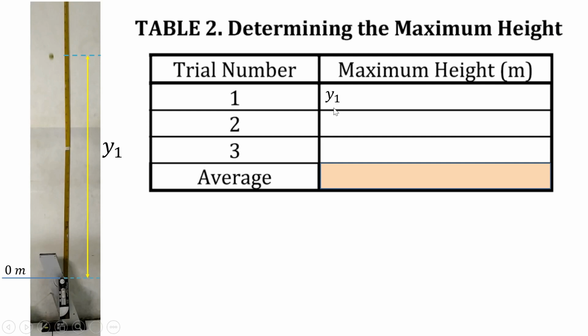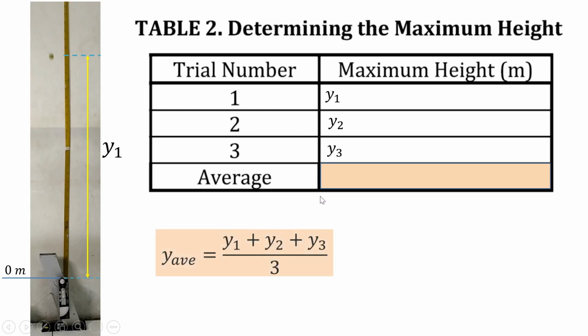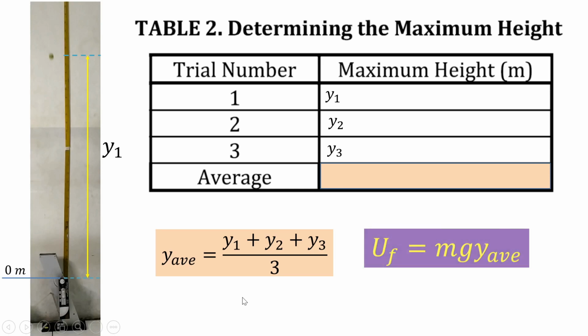So we will have the maximum height for trial 1, maximum height for trial 2, and for trial 3. And to get the average maximum height, we will just add the 3 values divided by 3. Once you get this, you can now solve for the final potential energy, which is mass times the acceleration due to gravity times the average maximum height.